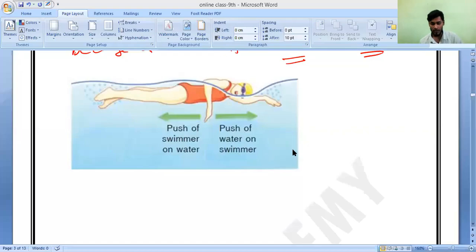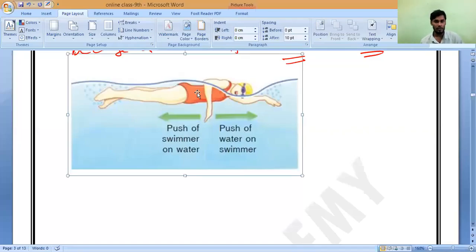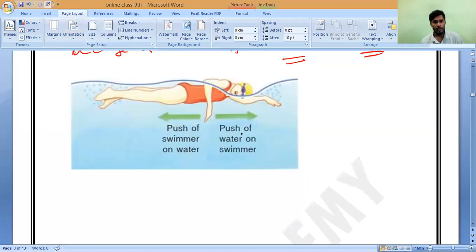So let us discuss that. What is happening in swimming? Like what Elamukil said, when I am swimming, you may notice that I am trying to push the water in a backward direction. Observe very carefully here. In this picture, you can see this lady is trying to swim. What is happening with her hands?